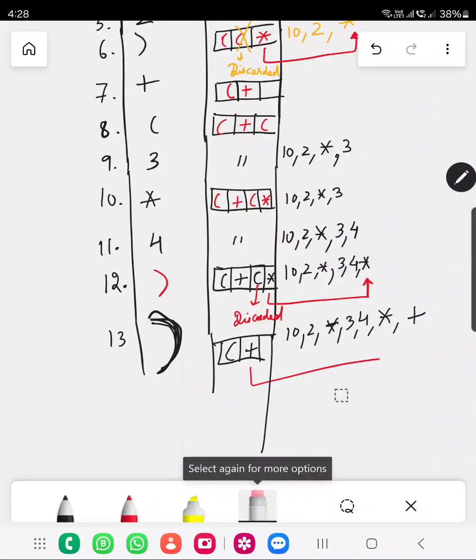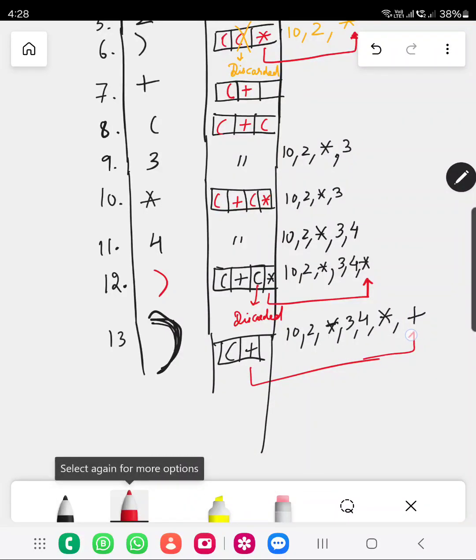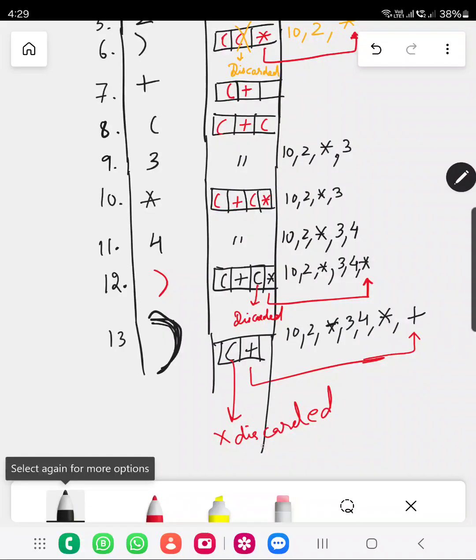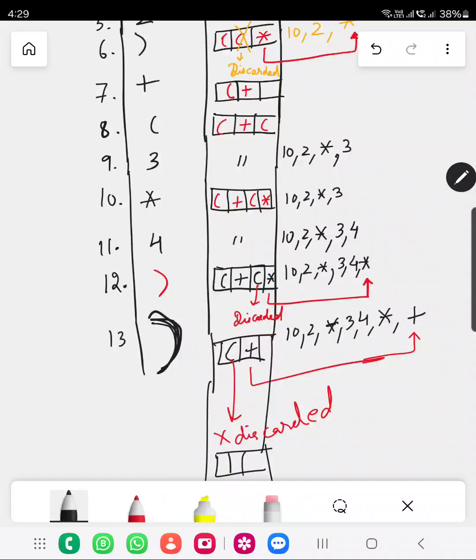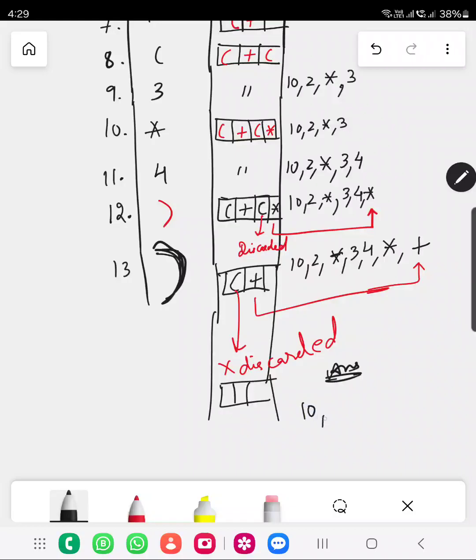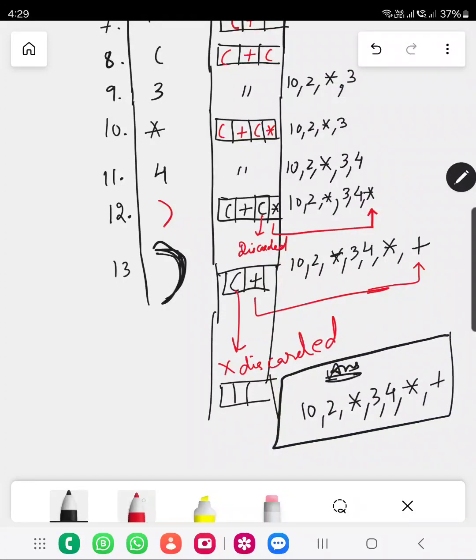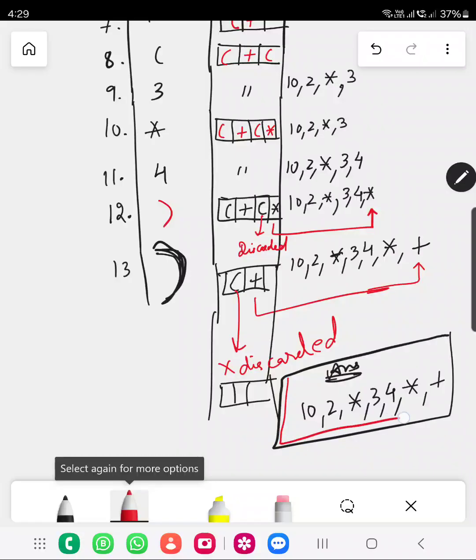This plus has come out and this left parenthesis is discarded, and we are left with an empty stack. So my final answer is 10 2 multiply 3 4 multiply and plus.